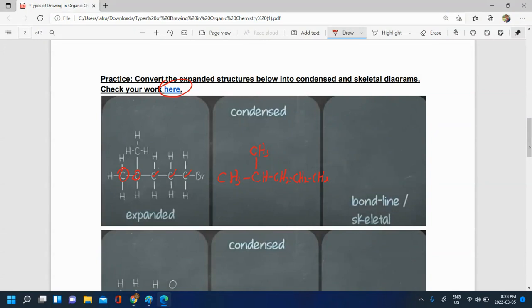And then lastly, we have the Br. You can further condense this. Some people will put this part here, for example, in a bracket and put it next to this. Some people will join all these together and say there's 3 of them. So there's other ways to further condense the molecule. We're going to stick with condensing to about this amount here.